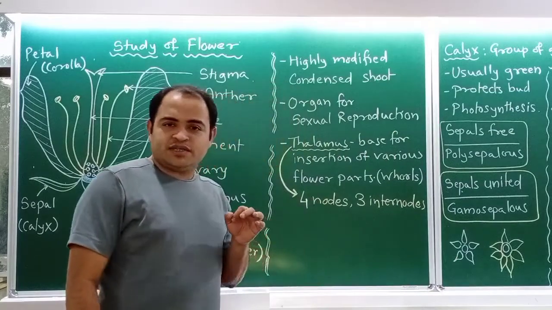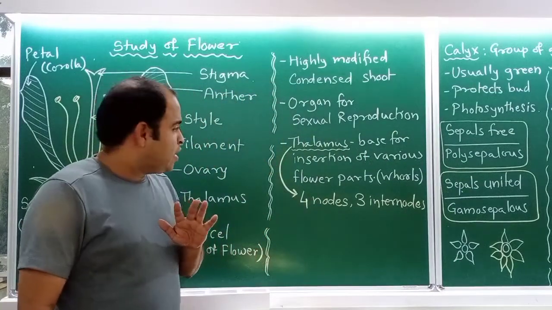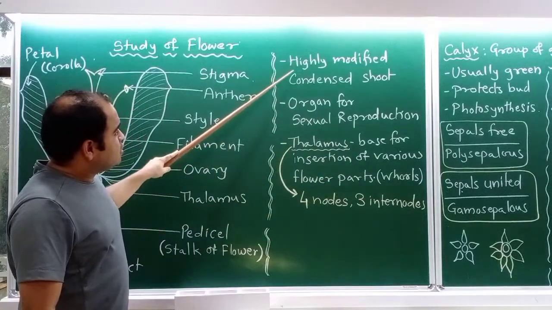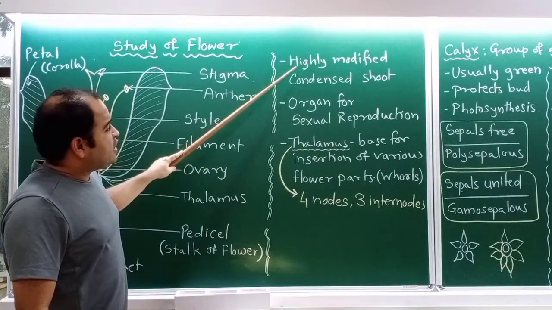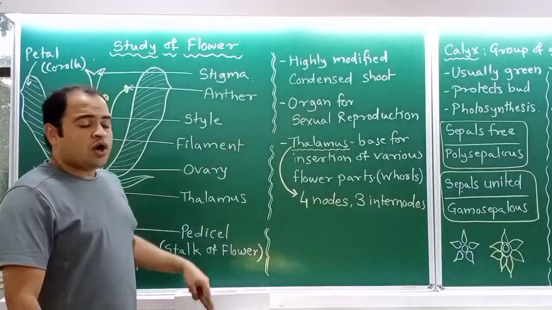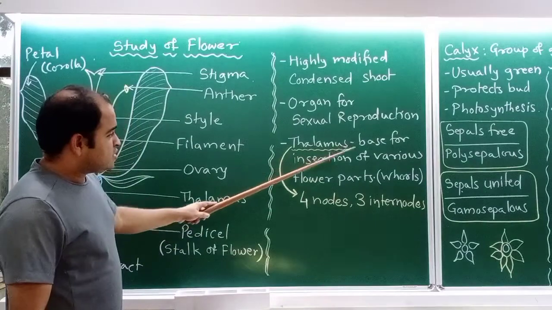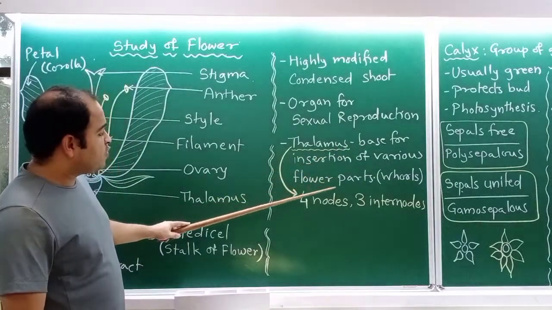I think this basic introduction was quite okay. Think about this point once again. Flower is a highly modified condensed shoot. It's an organ for sexual reproduction. Thalamus is a base for insertion of various floral buds.